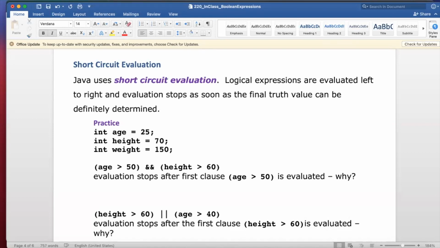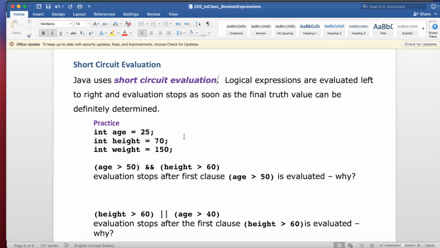So if there's any question about whether the final answer is true or false, Java will continue to evaluate the expression. But as soon as it knows the final answer, it will not evaluate any other portions of the expression. And this is a time-saving mechanism. It allows it to save time by not wasting time evaluating something that doesn't actually play into the final decision.